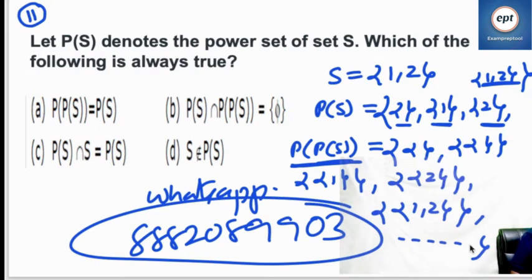Now give the answer to me. The power set of the power set of S contains 16, while the power set of S contains only 4. How can both be equal?